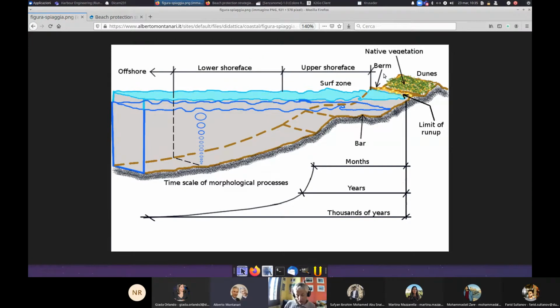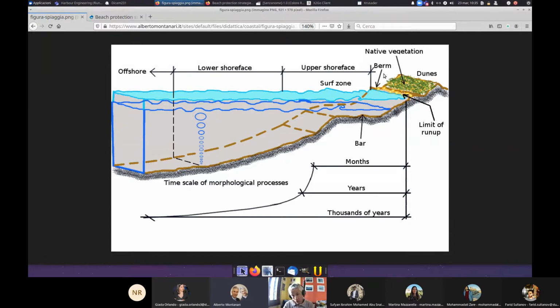The zone comprised between the wave breaking and the beach is called the surf zone. The surf zone extends up to the swash zone. The swash zone, which is not shown in this figure, is the zone that is alternatively covered by the run-up of waves, and then they come back and they run up again. This zone, which is alternatively dry and wet, is called the swash zone. So you have the wave breaking zone, then the surf zone, and then the swash zone.